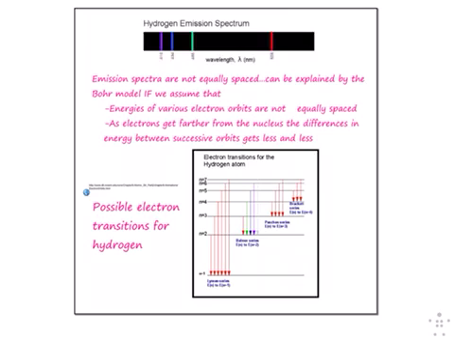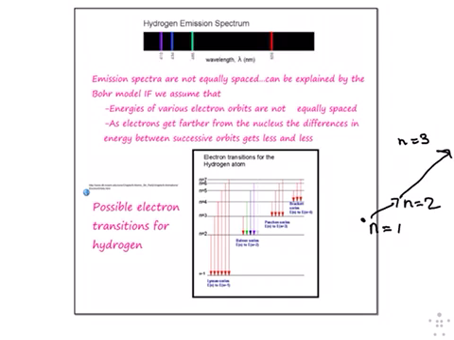Emission spectra are not equally spaced. This is explained by the Bohr model if we assume that energies of various electron orbits are not equally spaced. That is to say, going from n equals 1 to n equals 2 is not necessarily the same distance as it is from 2 to 3.